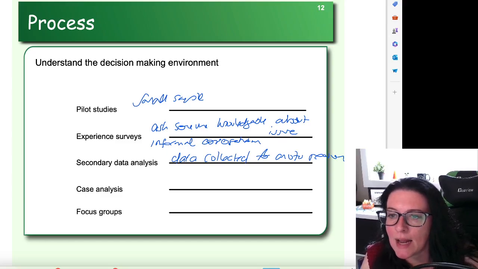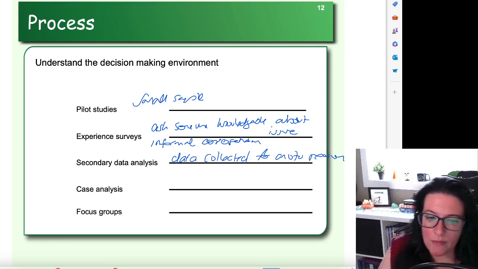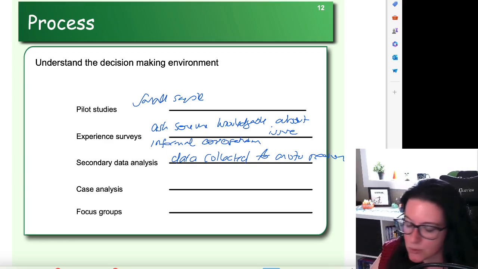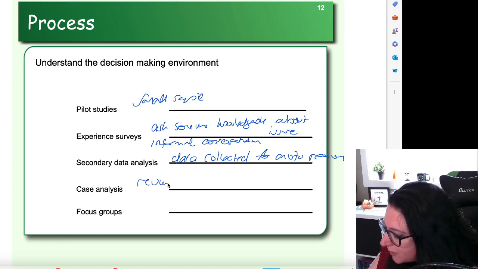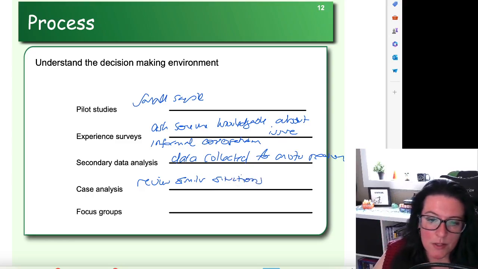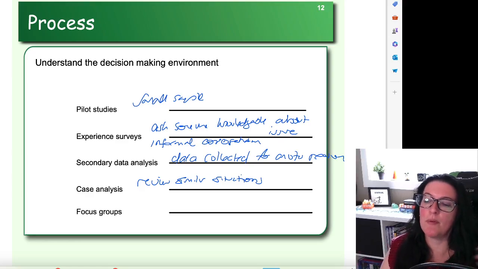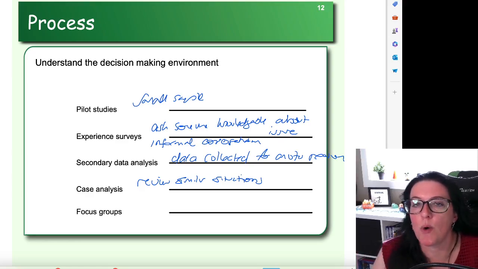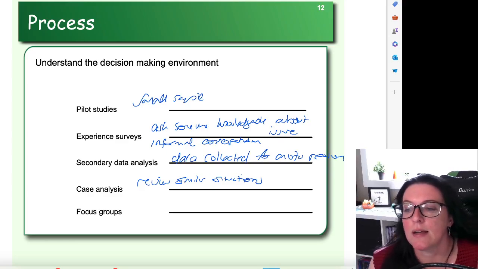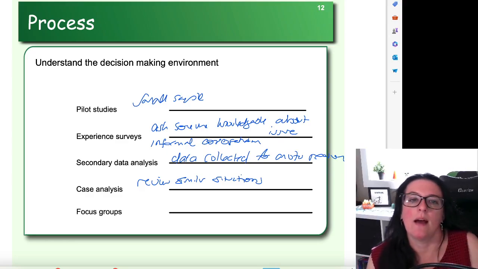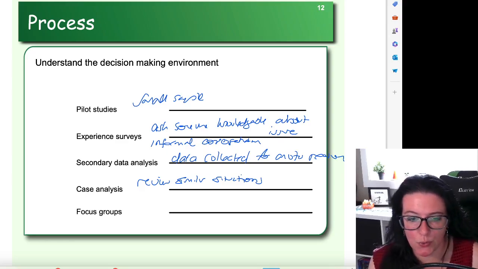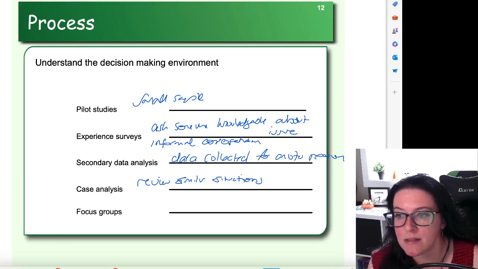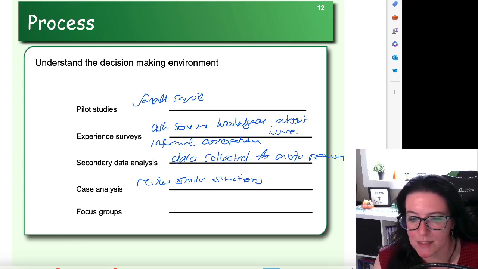So secondary data analysis simply means that the information already exists. We have case analysis. Case analysis is where you review similar situations. So when this happened before, when this happened to somebody else, what happened? What did they do? So again, brainstorming, giving some context to the issue at hand and that decision-making environment.